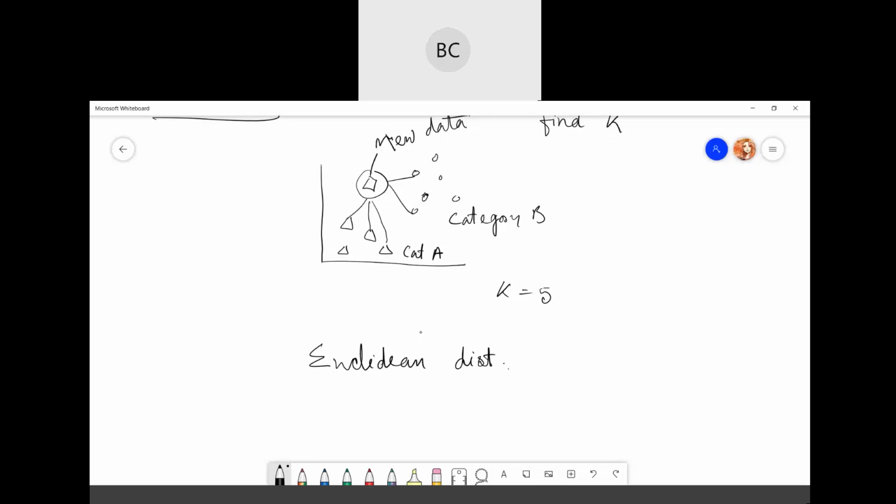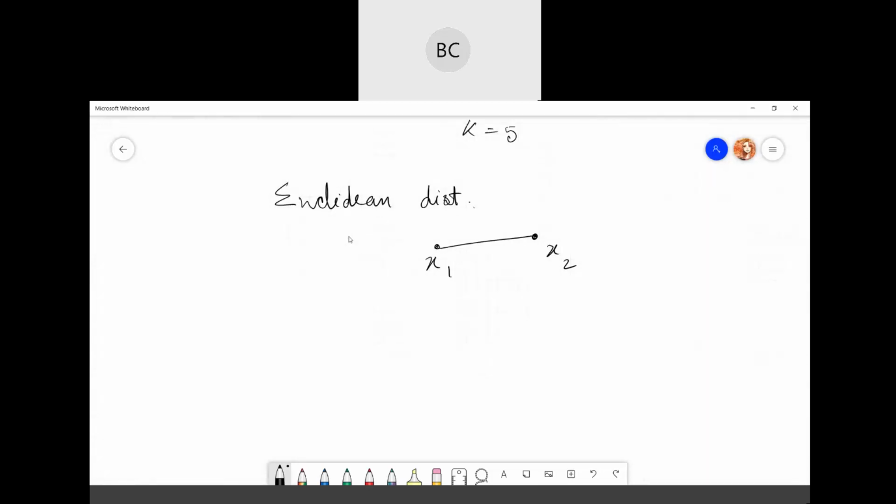Okay, so Euclidean distance, you know, is just the distance between 2 points, right? And I guess all of you know the equation for Euclidean distance also. Suppose you represent the values with x1, y1 and x2, y2.